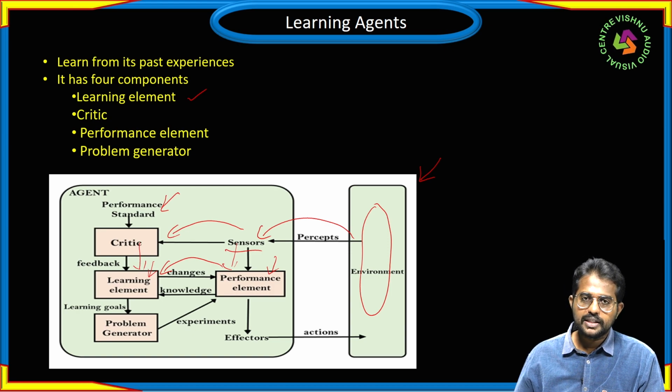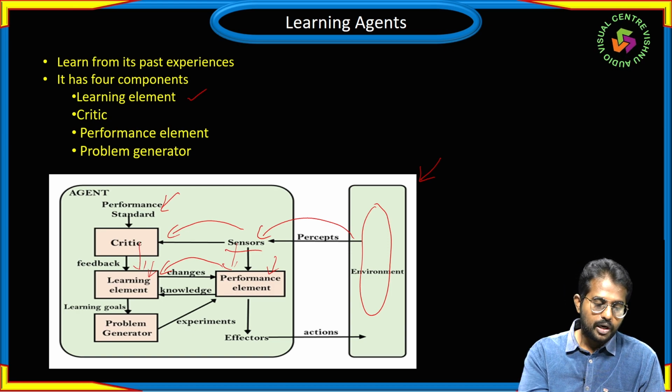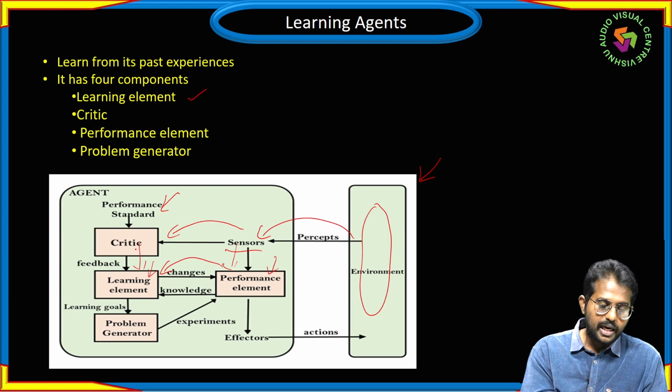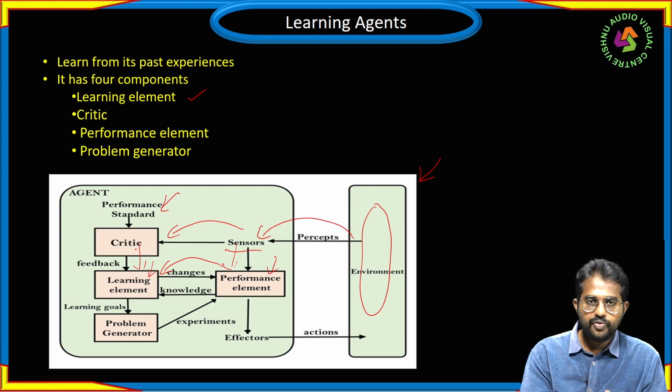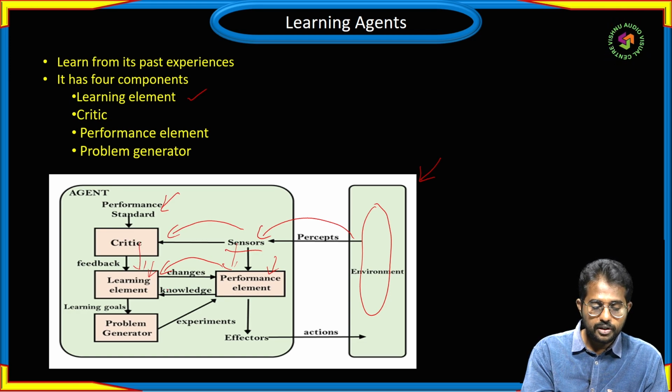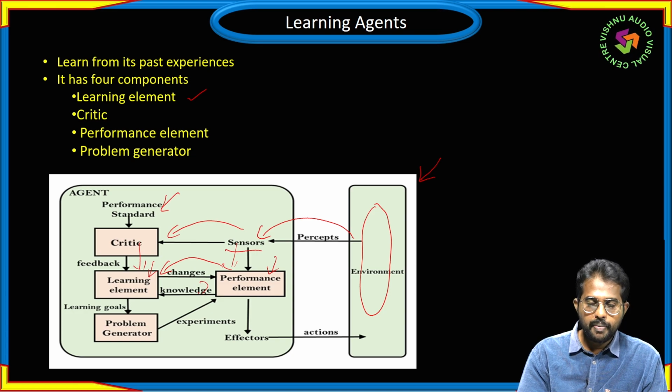So by using the critic, the learning element will get a lot of feedback. Based on that feedback, it will make some changes to the performance element.